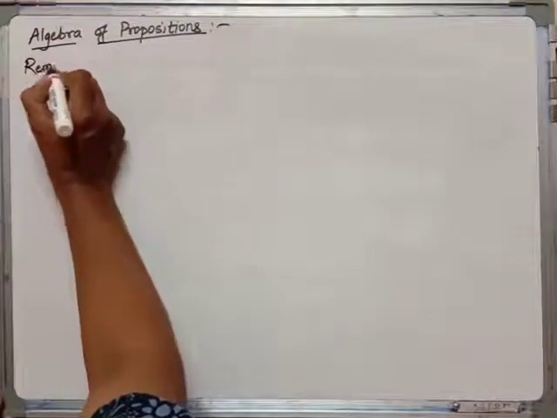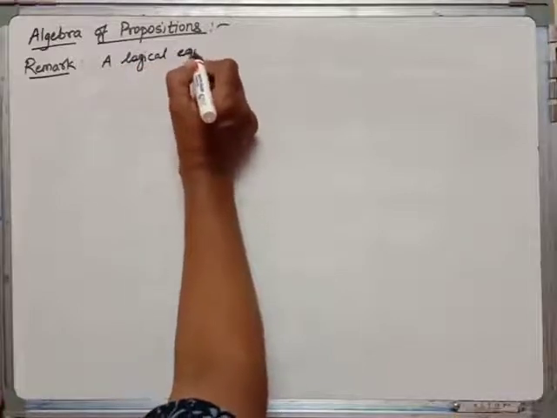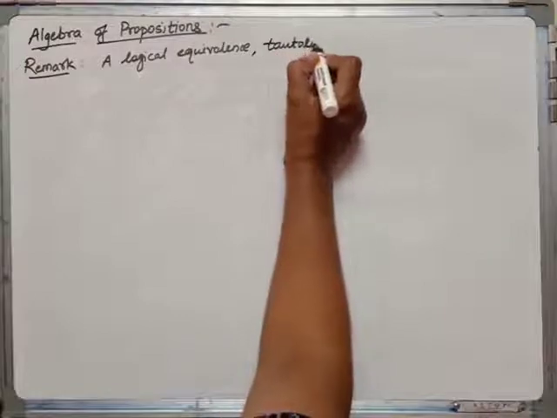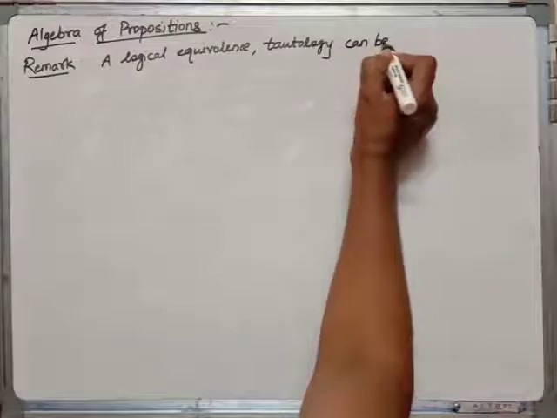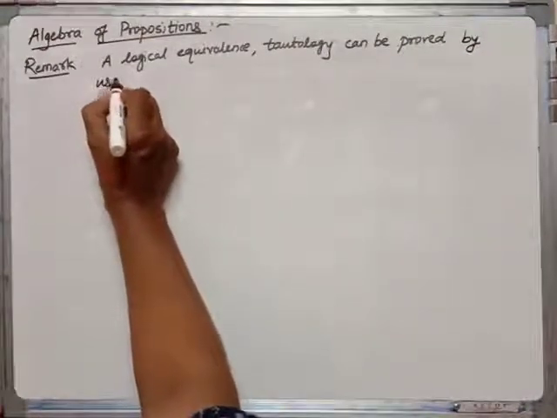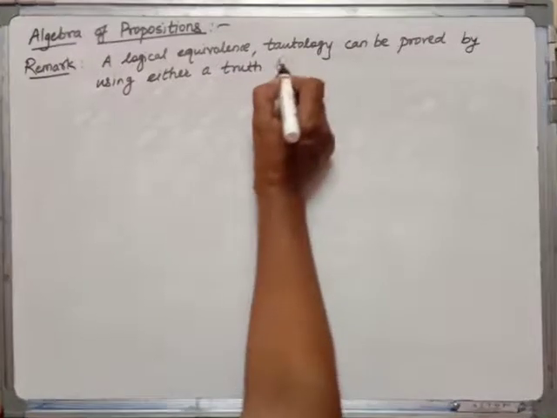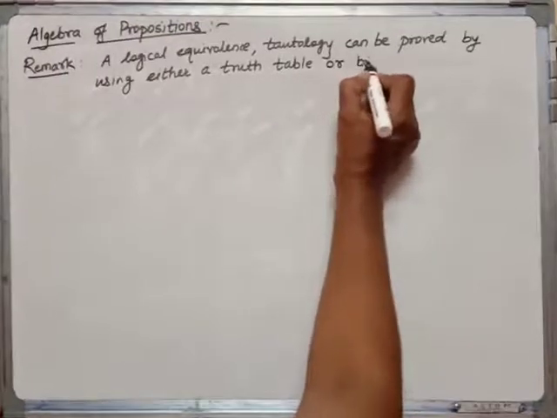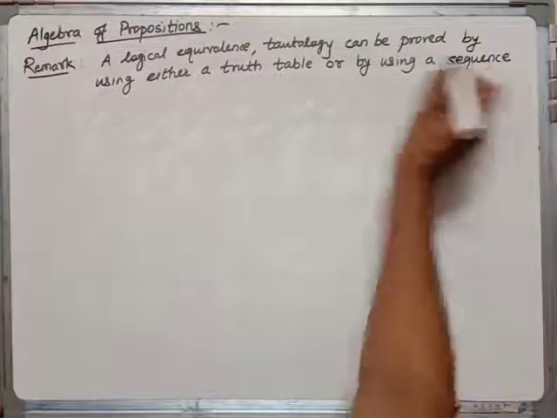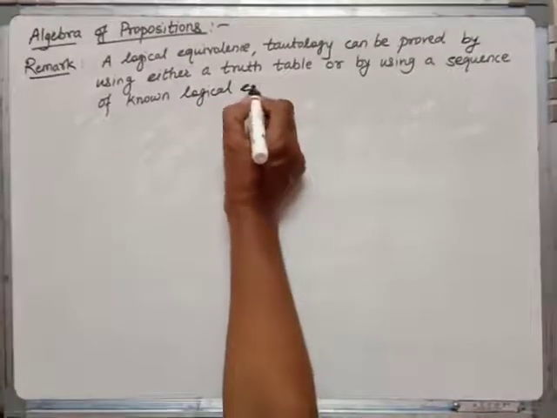So remark: a logical equivalence, that is tautology, can be proved by using either a truth table or by using a sequence of known logical equivalences.